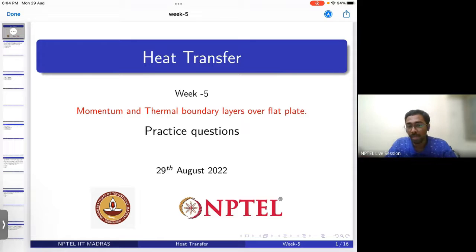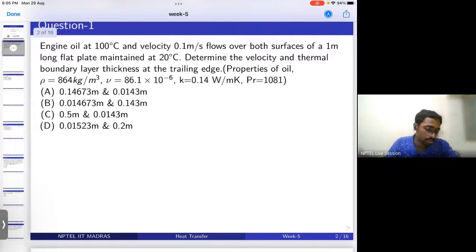So these were the main topics of discussion for week five. In this session, we will discuss some simple questions based on these topics. So let's get started with the first question.